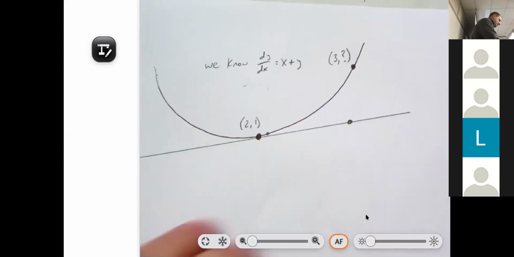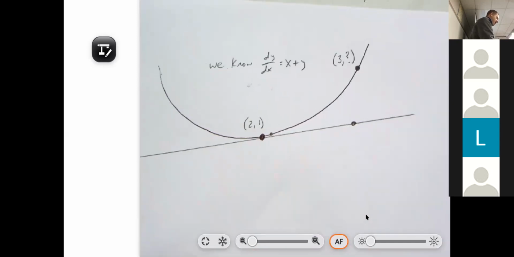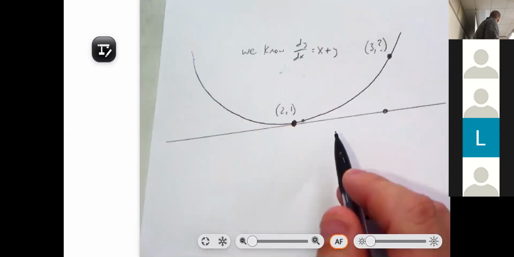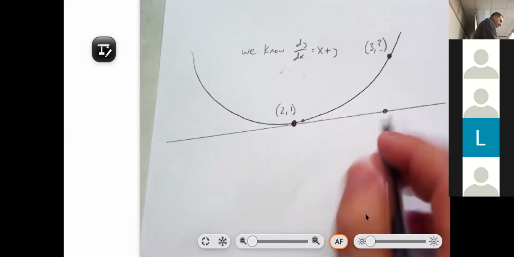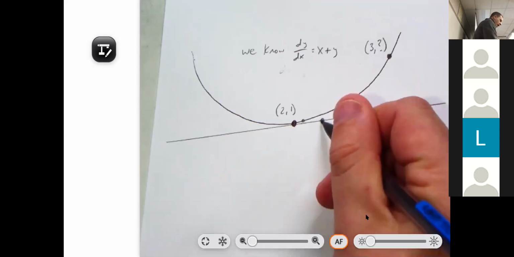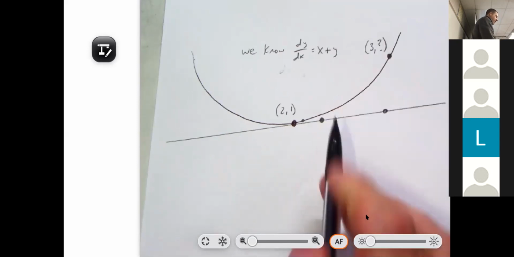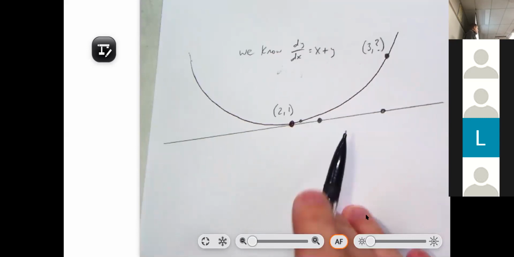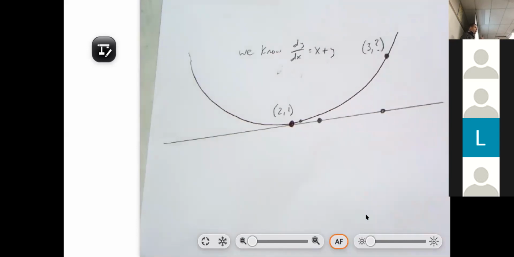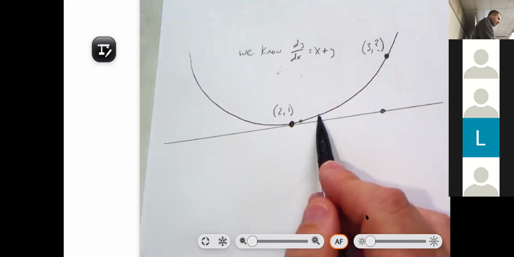But what's going to happen is this. Imagine, you don't need to write any of this, I just want to explain what we're doing. Imagine that I found this value right here, that y value and that x value. And then let's say I stopped and took that ordered pair and found the slope of this curve at this point.